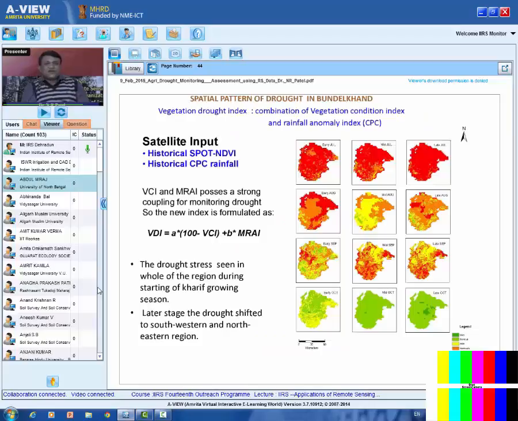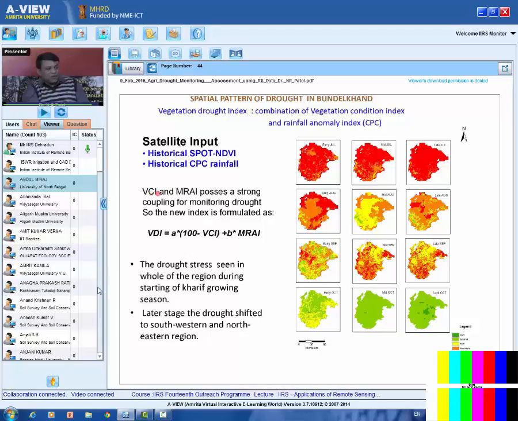Another index we have tried to develop by integrating remote sensing based indices, mainly the vegetation condition index, with rainfall. So here we have developed a newer index called the vegetation drought index, combining the vegetation condition index and the rainfall anomaly index derived from the CPC rainfall, that is Climate Prediction Center rainfall, which is available on a 10 kilometer grid.